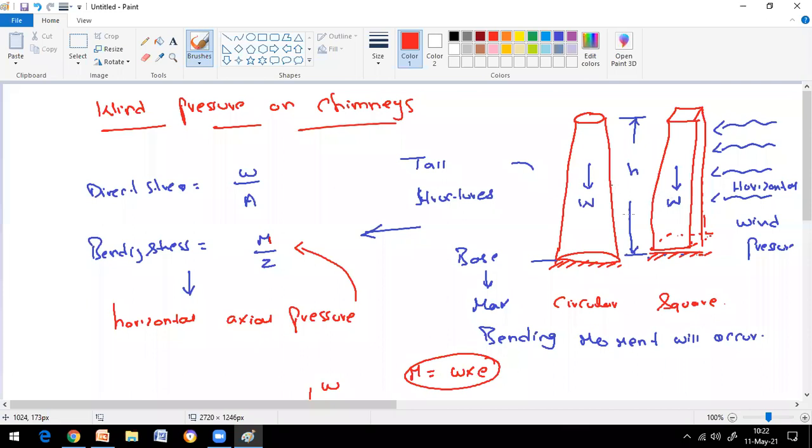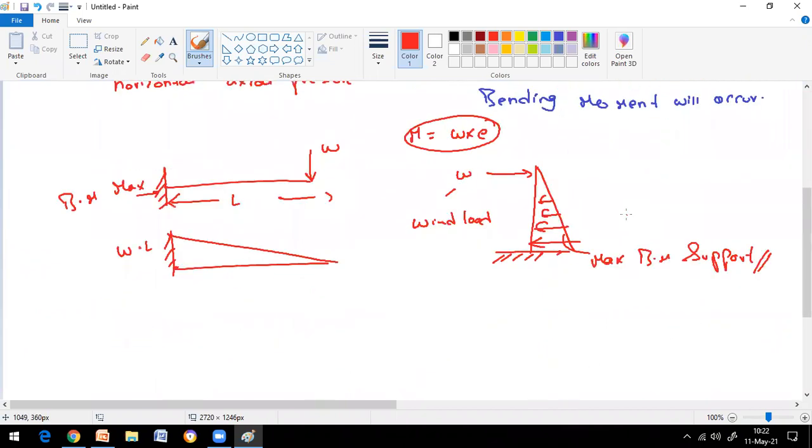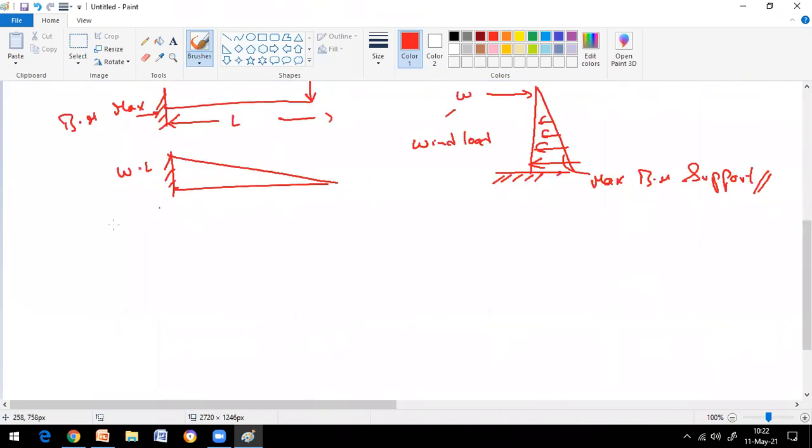So what happens if the area exposed to the wind is curved? As in the case of the cylindrical chimney, the magnitude of the force will always be less than the area on the surface. That's why comparing the curved chimney and the square chimney, the curved chimney will always be better.